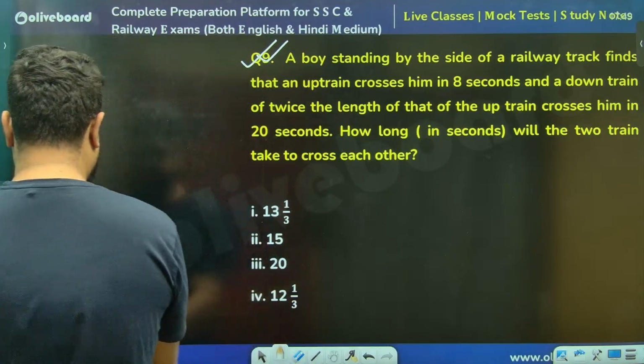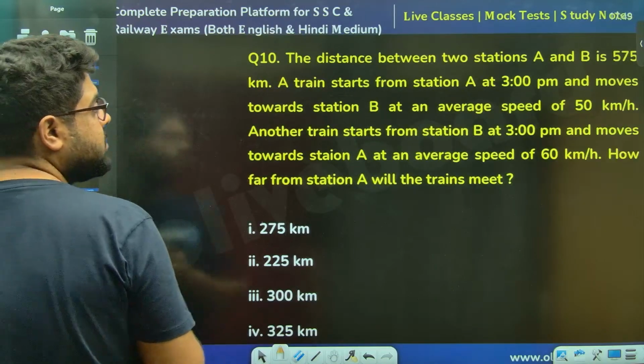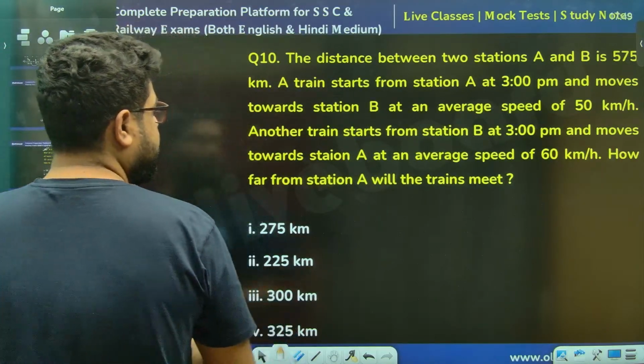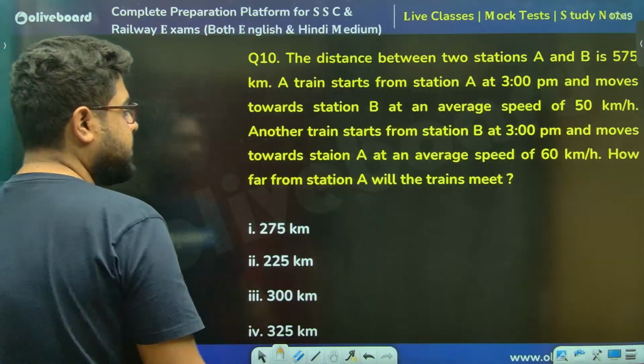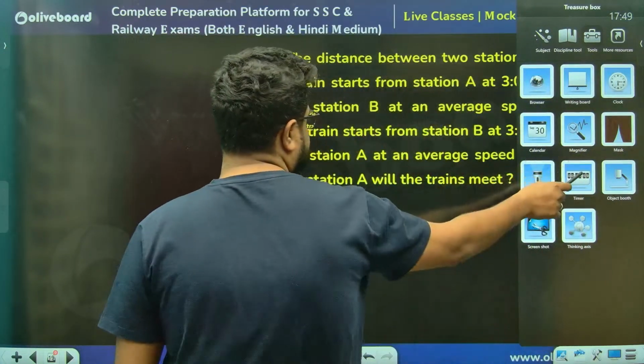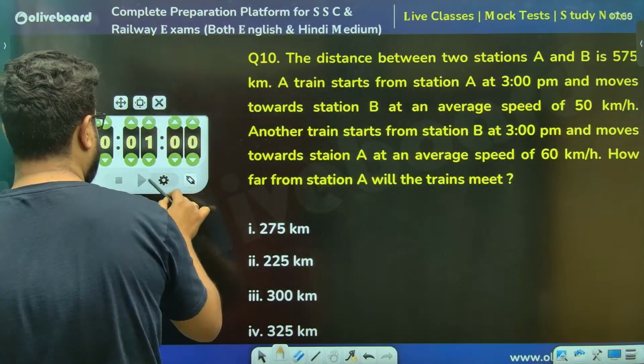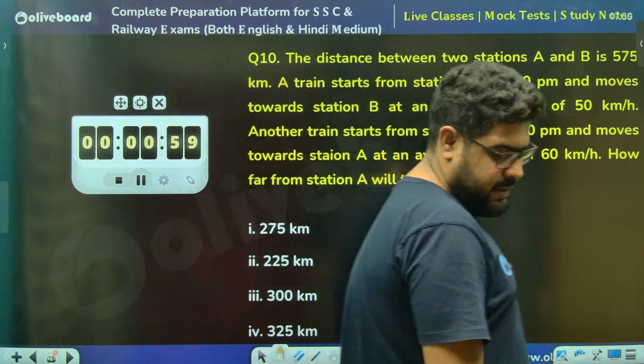Acha, this is a similar concept, wait. Let me just, yes, sir. This one is a good one. This is not a very difficult question, but it's a good question. So let's do this. Jaldi jaldi, sir.